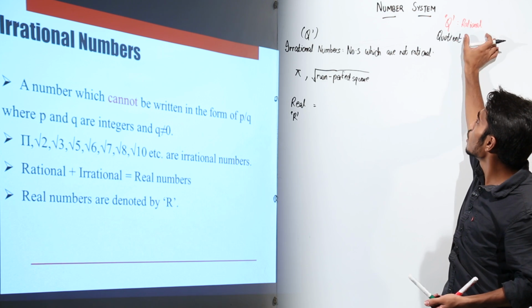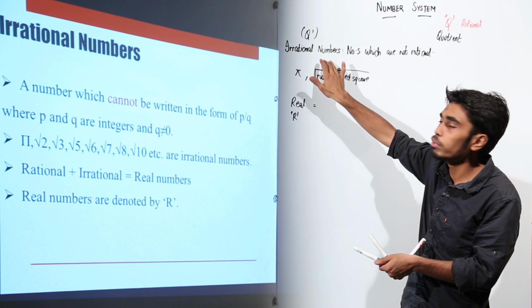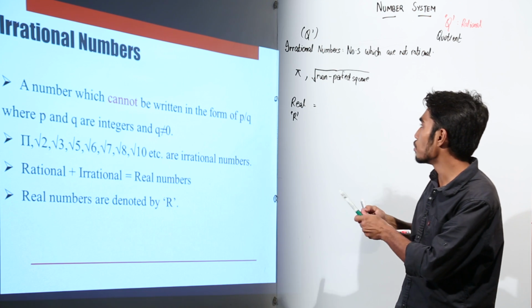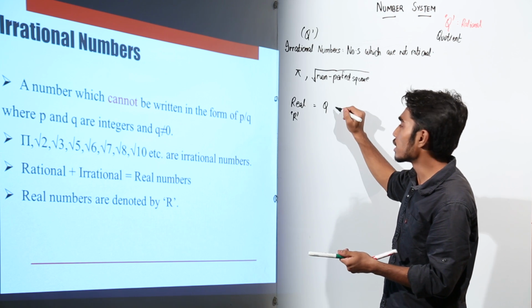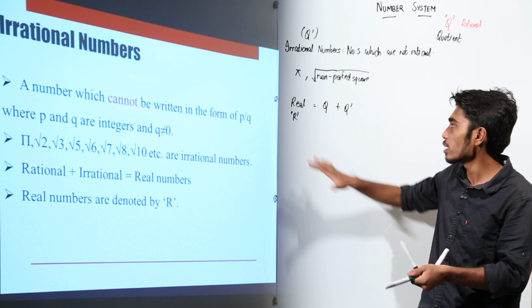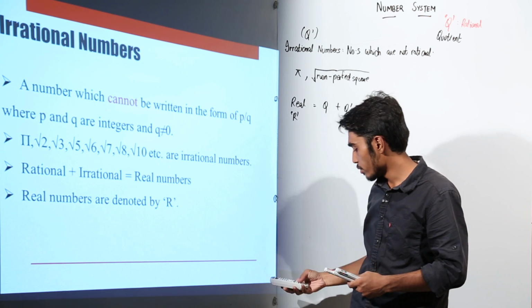That is why rational numbers are denoted by Q, which stands for quotient. And irrational numbers are denoted by Q dash. So real numbers are nothing but Q, that is rational numbers, plus Q dash. Now this is the biggest set. All the numbers are contained in this particular set, right?